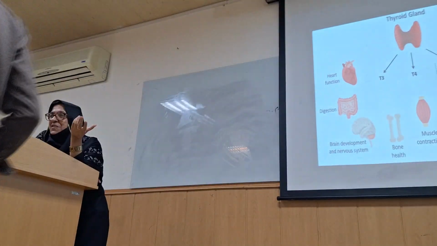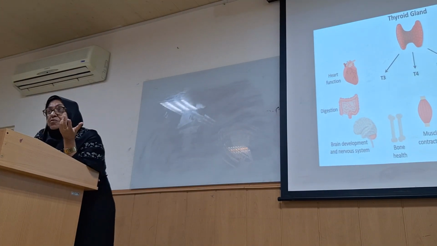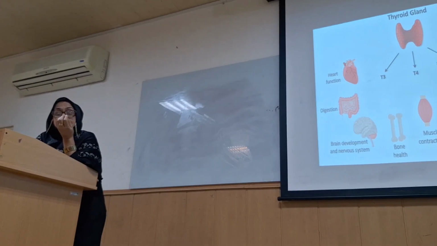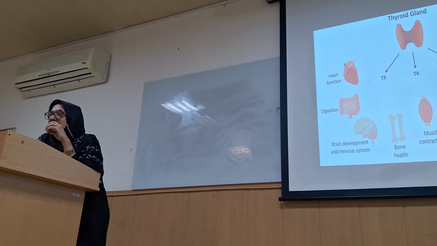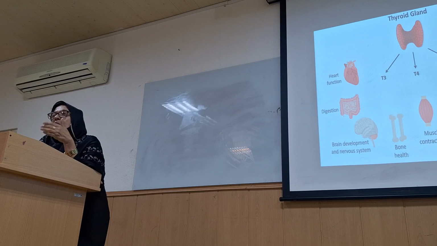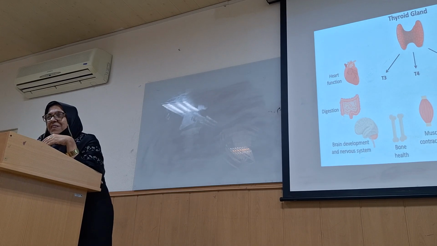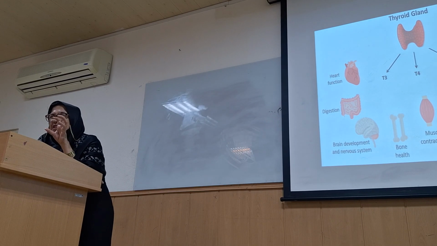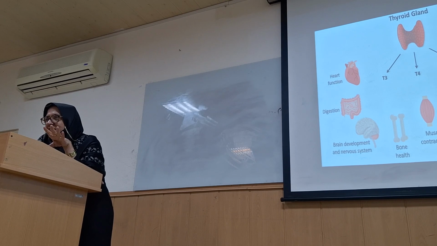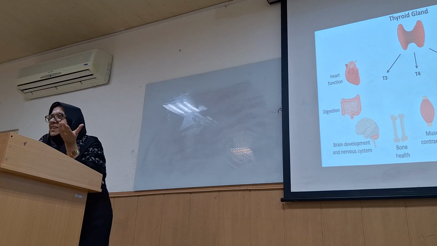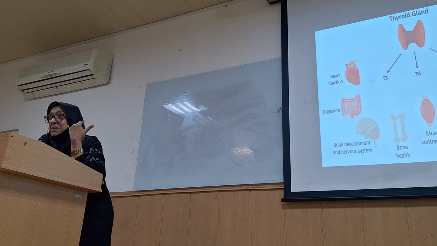Because thyroid hormones are very good in the normal value for the heart. No hyper, no hypo. Hypothyroidism induces weakness in the heart. For example, heart rate becomes 30 to 40 per minute.